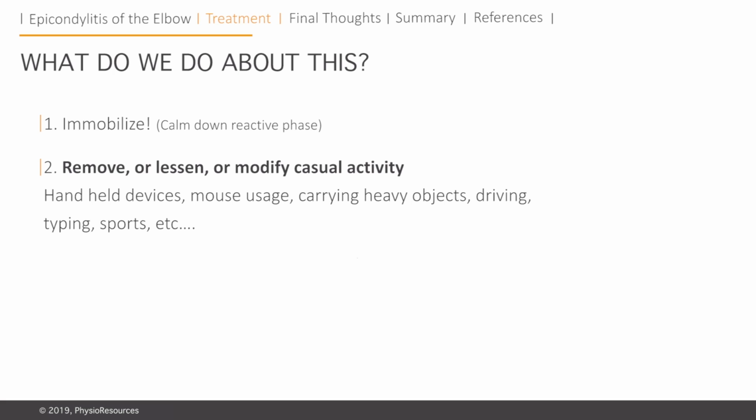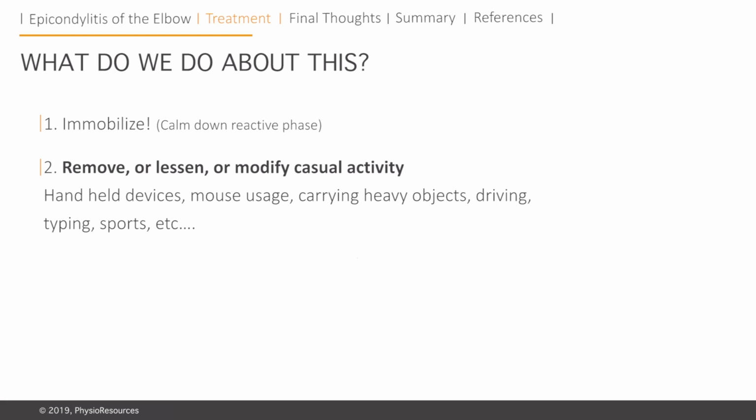The typical culprits with lateral epicondylitis, for example, can usually involve the usage of handheld devices, using a mouse at a desktop computer, incorrect keyboard position, carrying objects, driving, or possibly sport activities.